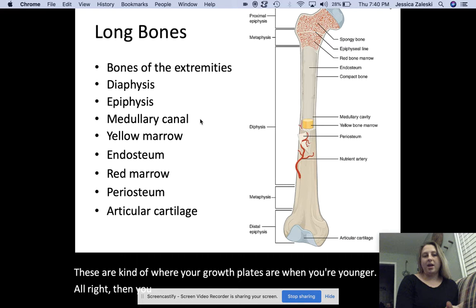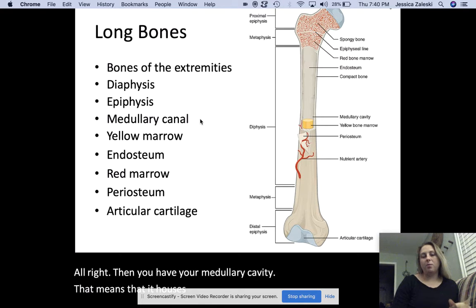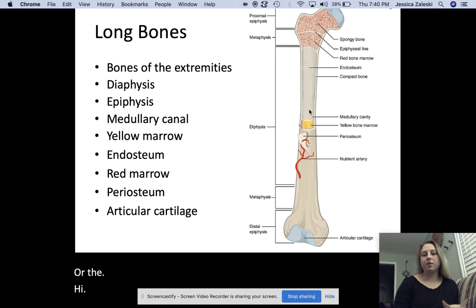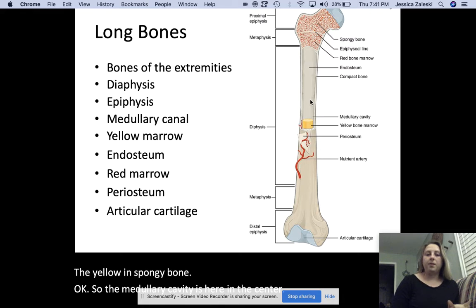That means that it houses the medulla, or the yellow and spongy bone. The medullary cavity is here in the center. And then you have yellow marrow that fills it.